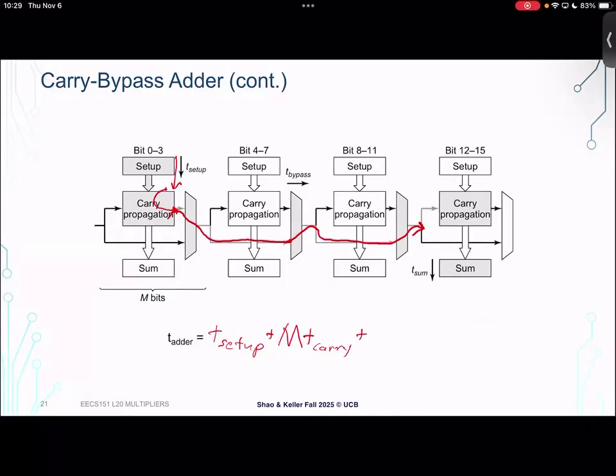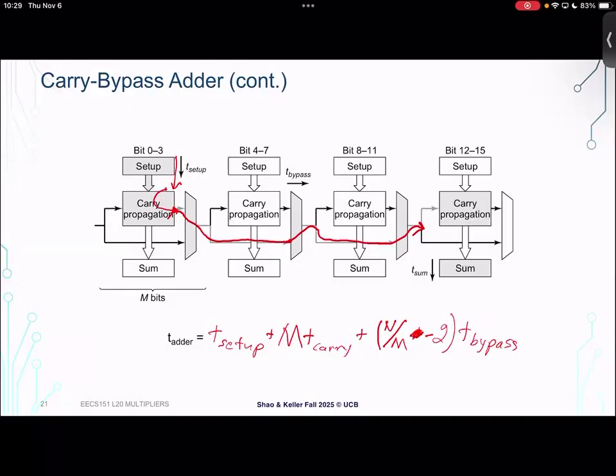So if you look at how many bits, how many stages there are compared to N and M, well, there's going to be N over M stages. And then we skip the first and the last. So it's N over M minus 2. T bypass is just the time through the mux.